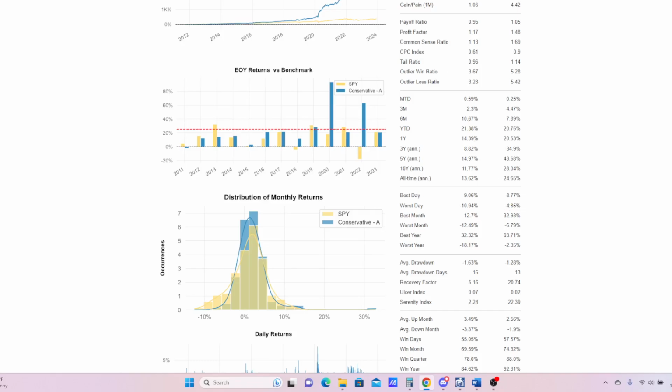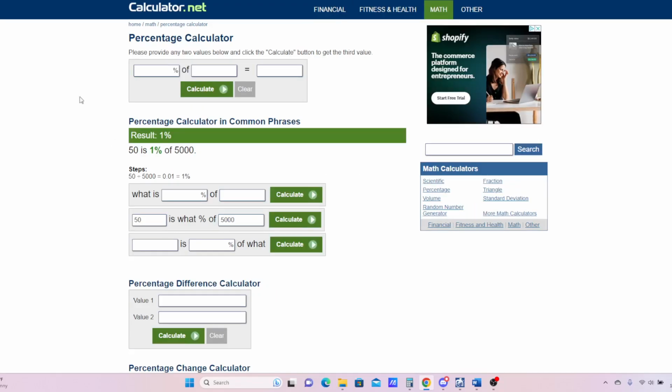The way that I do that is I use this percentage calculator at calculator.net. Up at the top, click on percentage calculator on the home page. If you go home, math, percentage calculator, this is how you get here. First you'll want to figure out what 1% of your account is. My account's about $5,000, so 1% of my account is $50.